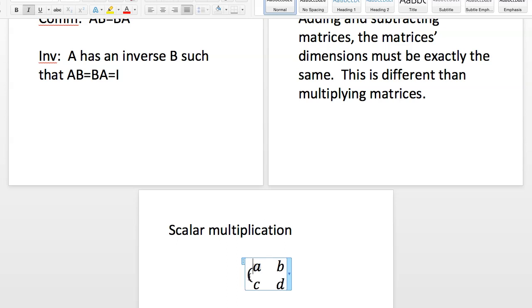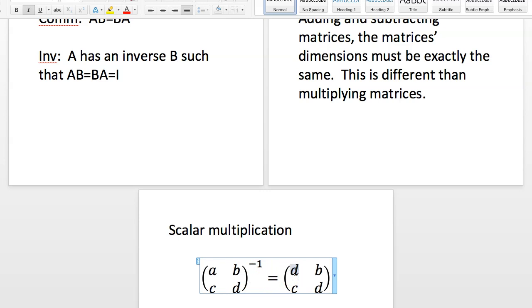Let me just show you a little trick, just to keep things from getting out of control. If we know the inverse, so we want to take the inverse, I'm trying to be economical.